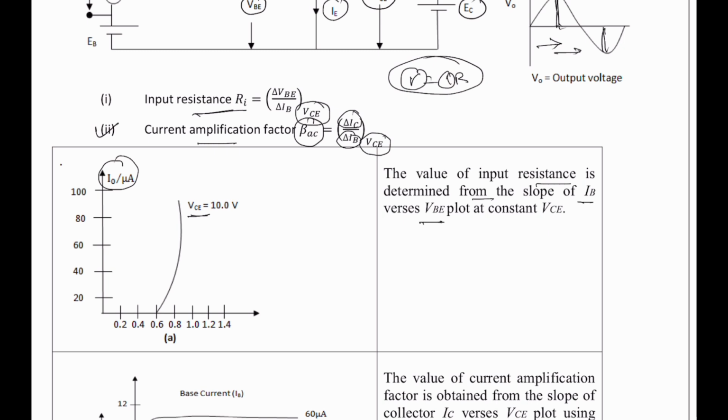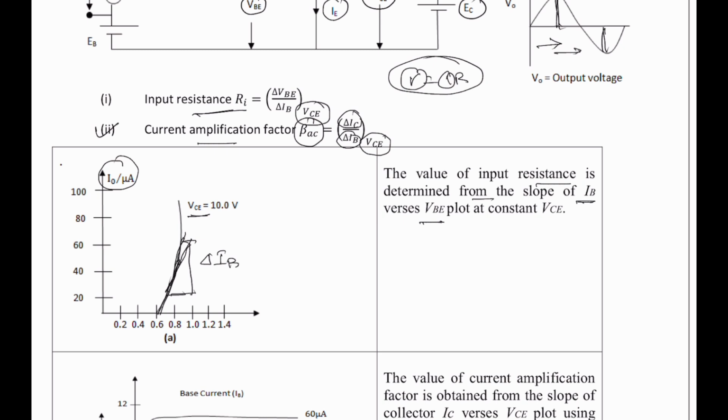If you draw a slope at a particular place, this slope will give the value for that particular segment. Suppose here you draw a slope, this y-axis is the change in the base current.